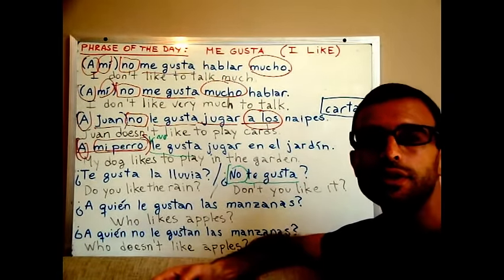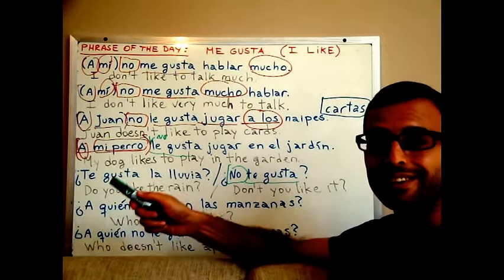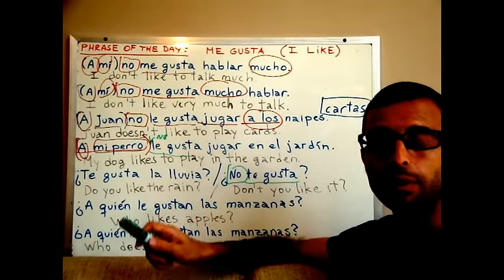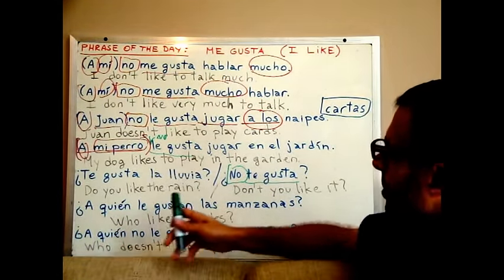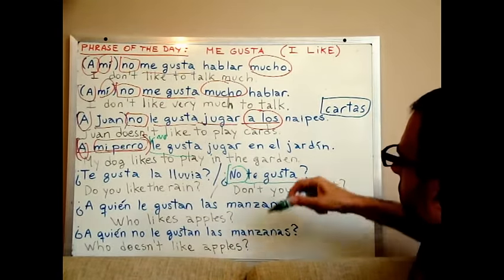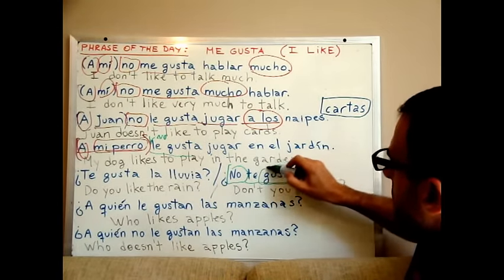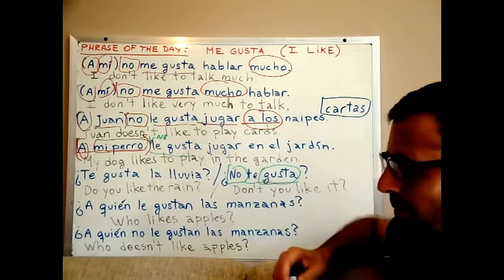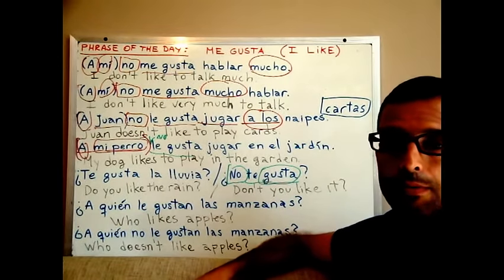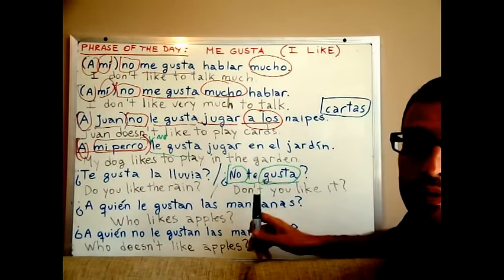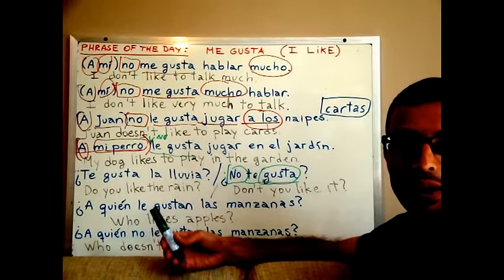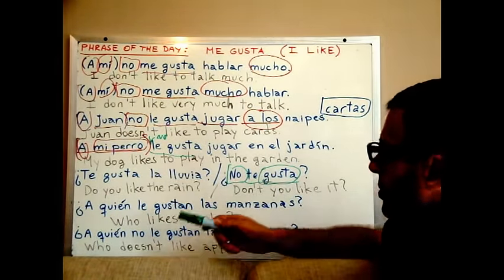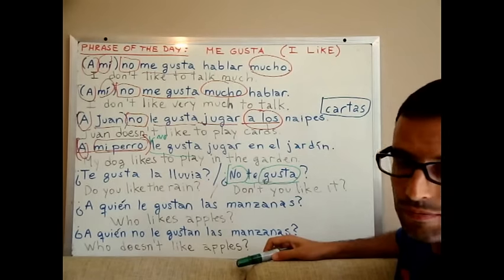You see that in English, when we say don't you like it, we have to add the it, because in English we can never omit the subject. But in Spanish, since the subject is implied in the conjugation of the verb, we can simply say no te gusta. We don't say no te gusta and the it, right? No te gusta él or ella. We just say no te gusta.